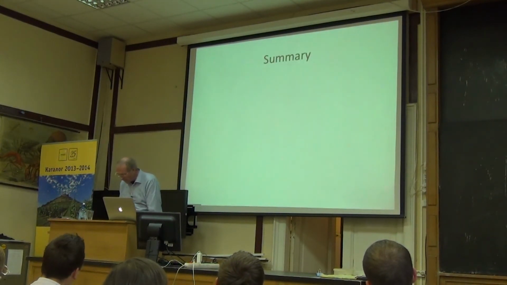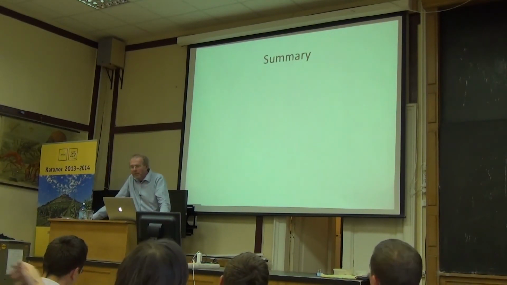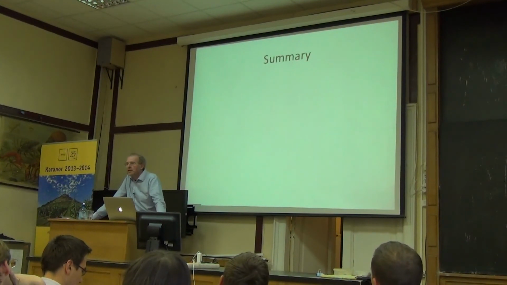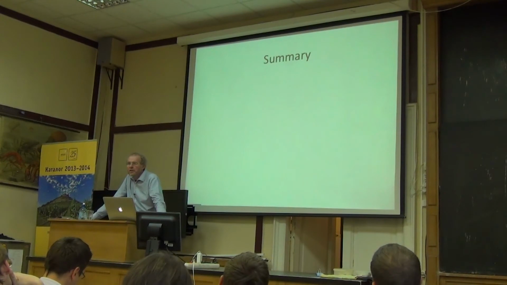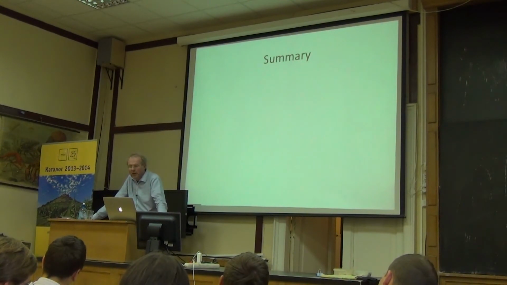So let's see what I have prepared for the summary. Nothing. So I summarize in words. What I was trying to tell you today is that when one studies seemingly exotic animal models for their immune functions, one can turn up quite a few surprises. Either one can make use of their particular physiology.